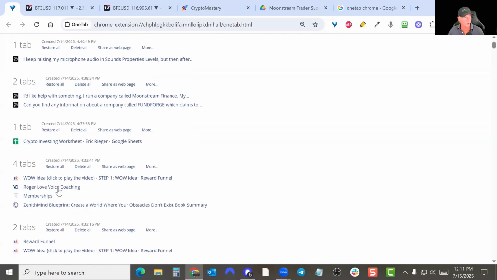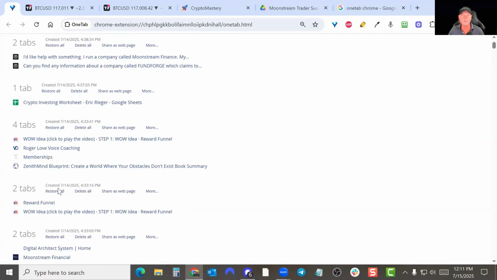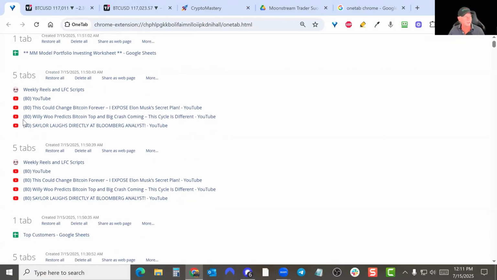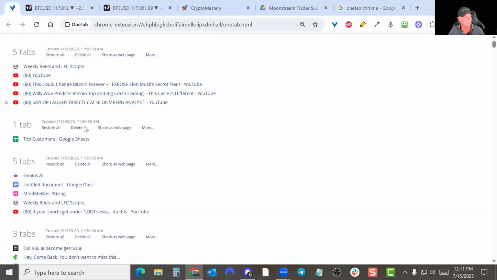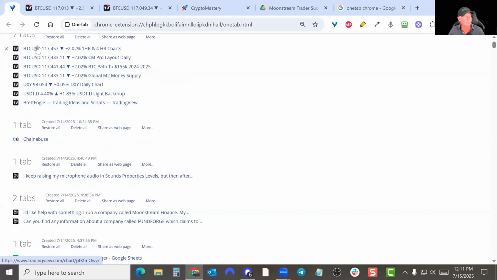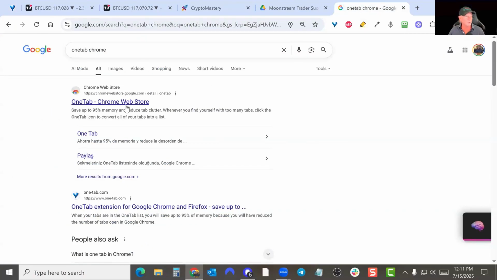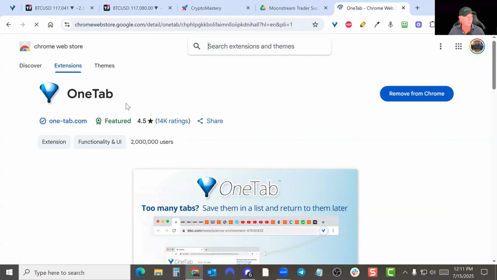I've got other things I'm working on, and this is how I keep everything organized. Every week for class, I just click restore all, whether it's a bunch of YouTube videos I'm watching or mostly these TradingView charts. You can just Google that. One Tab is free in the Google Chrome store, and not the greatest graphics, but it works great.